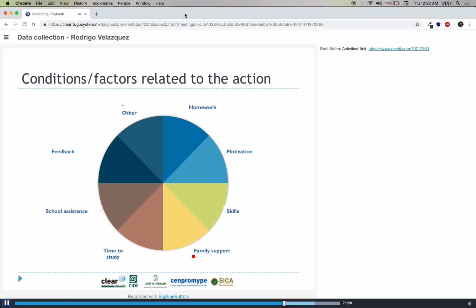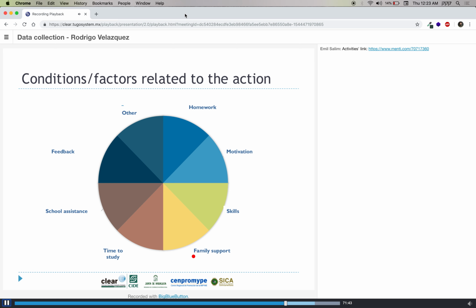So I am going to show this graphic. And here we have the different factors or conditions related to the action. And particularly in this previous example that I gave you, as you can notice in this pie graph, homework is the action implemented in this set of schools.